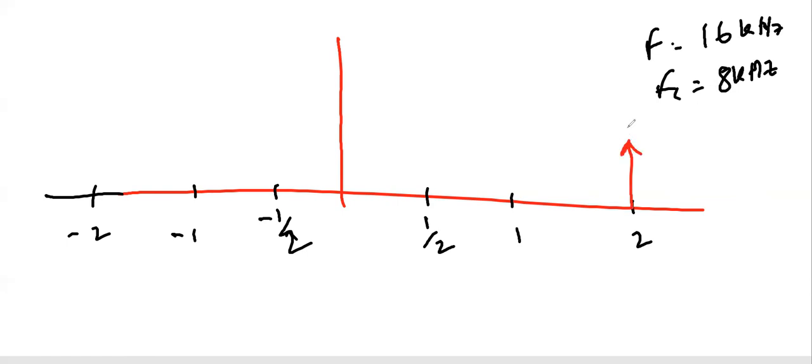It is folded out before 1. This is the value, or you can say this is pi, this is twice pi, and this is pi. So it is folded there.